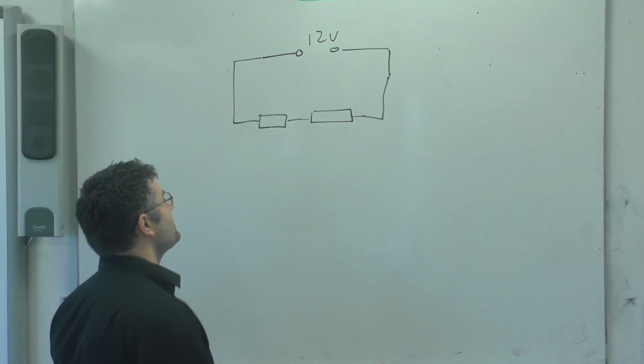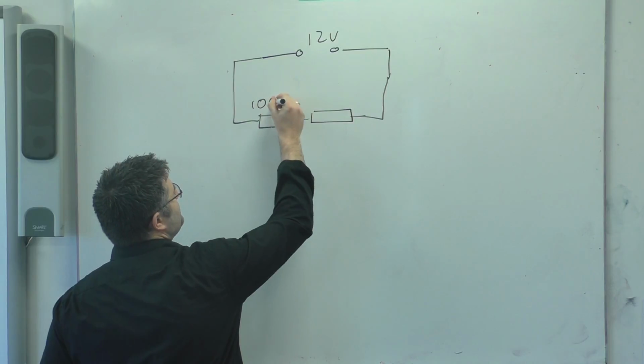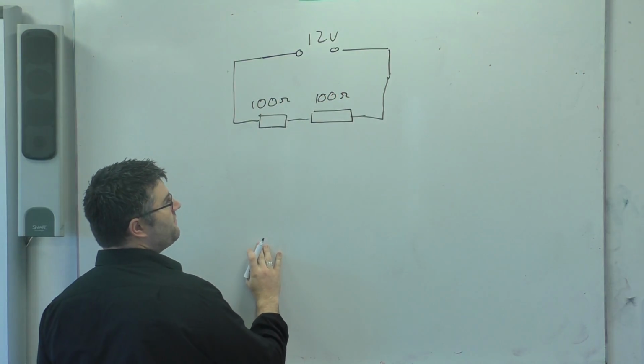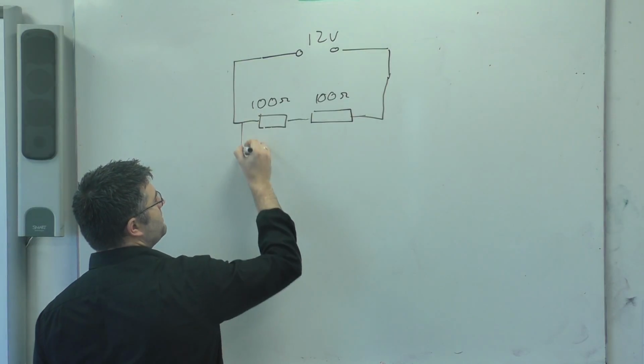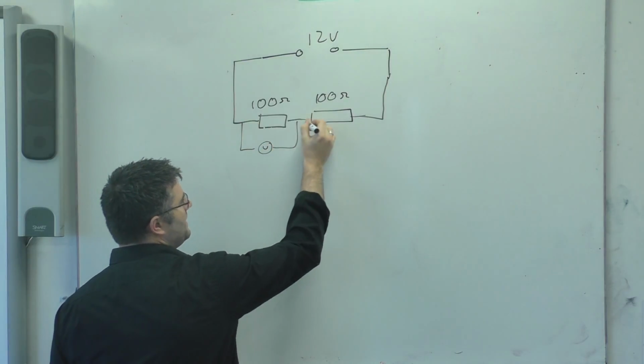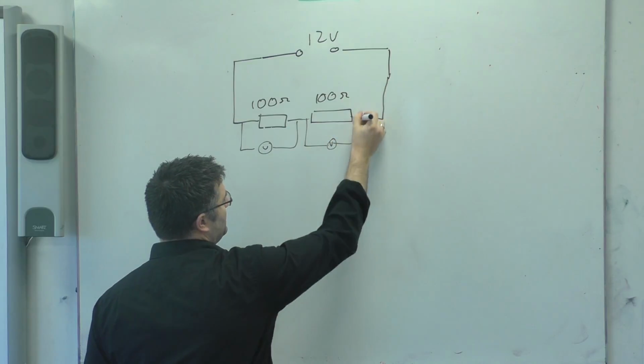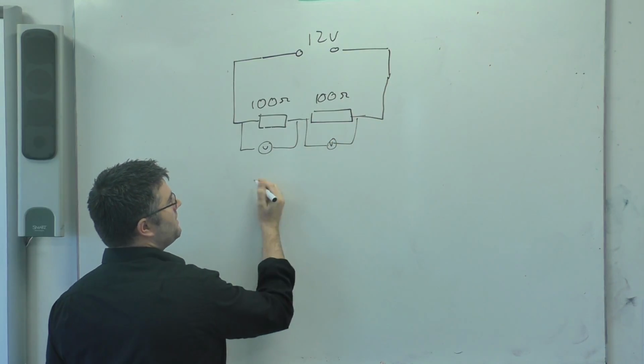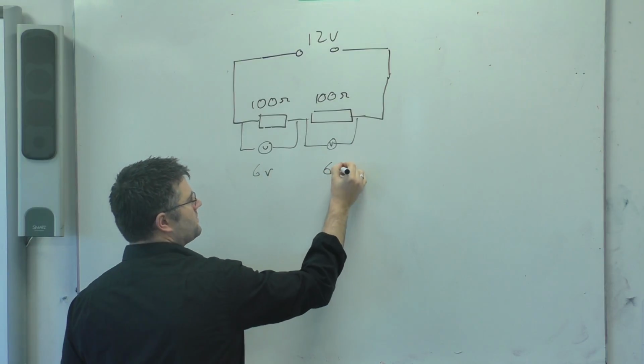So for example, in this case, if we had 100 ohms here and 100 ohms here, the potential would be divided, and we would expect an equal distribution of energy across these two voltmeters. So you have 6 volts across that one, 6 volts across that one.